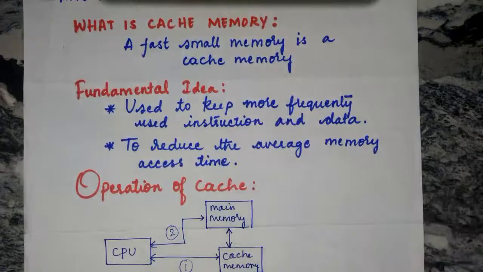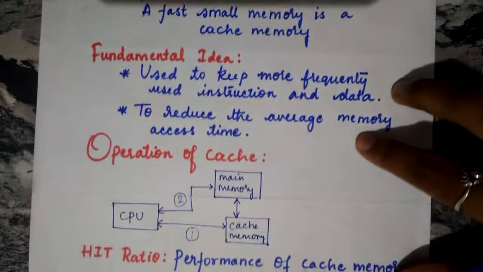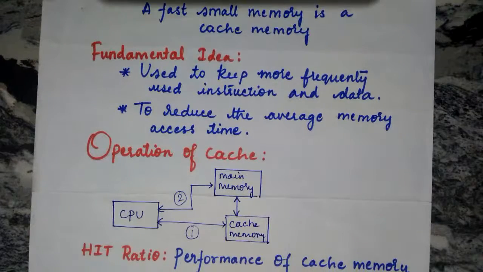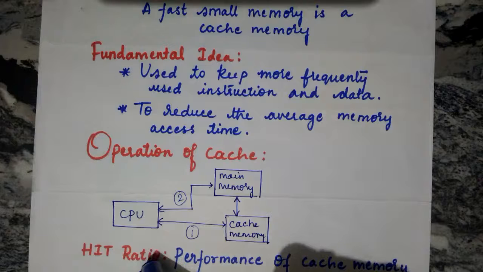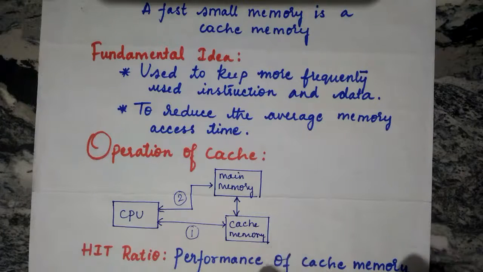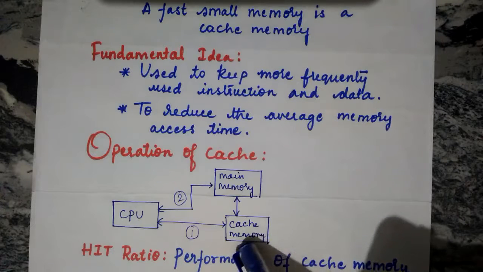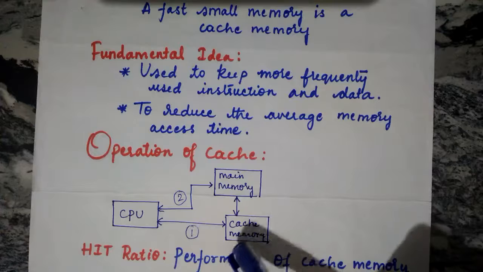The operation of the cache includes CPU, main memory, and cache memory. The first thing is the CPU. When it needs to access the memory, the cache is examined. If the word is found in the cache, it is read from the fast memory, nothing but the cache memory.